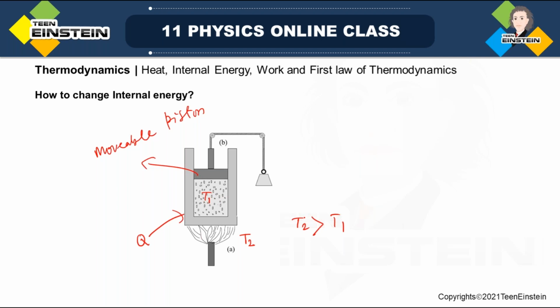It can be either way also. If the temperature of the surrounding is less than the temperature of the system, then what will happen? Heat flow will happen in the reverse direction. That means heat energy will flow from the system to the surroundings. Temperature will gradually decrease because the heat energy is lost.